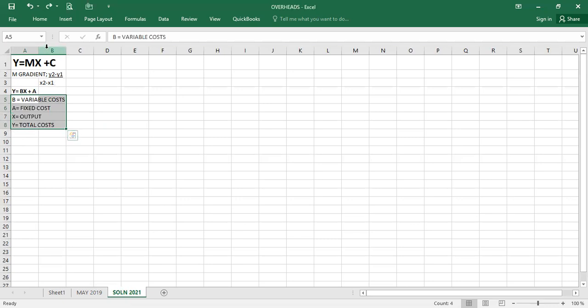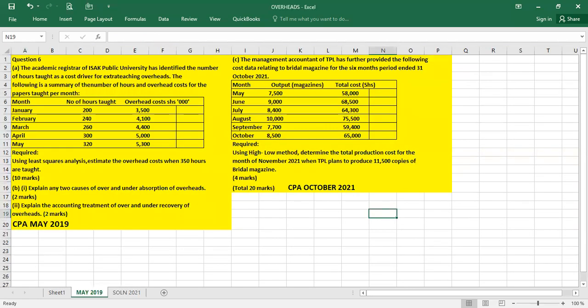So hope you can be able to remember this because we are going to be using them. Now, when you look at our question, October 2021, they have given us that the management accountant of TPL has further provided the following cost data relating to bridal magazine for the 6 months period ending 31st October 2021.